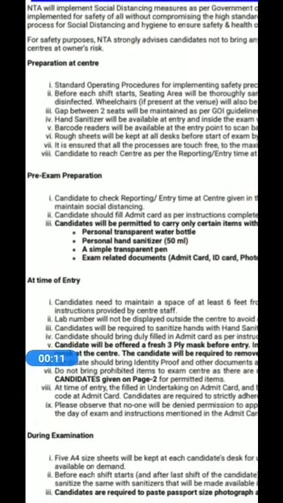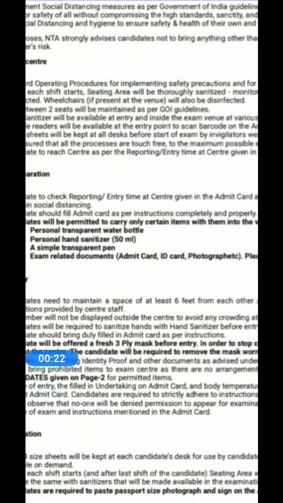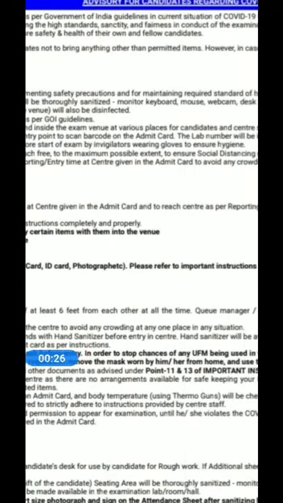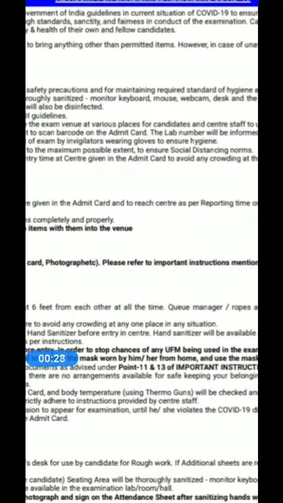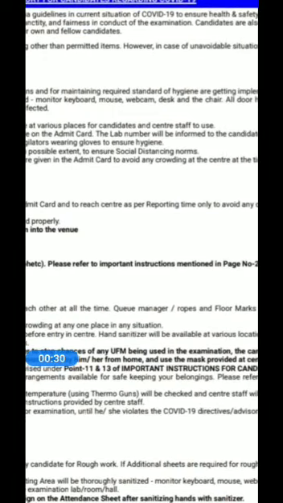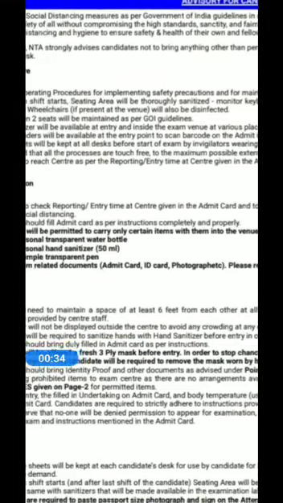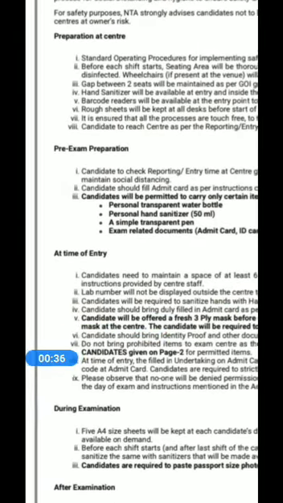So pay attention, guys. Personal transparent water bottle, personal hand sanitizer, a simple transparent pen, exam related documents, that is admit card, ID card, photograph, etc. Then they mentioned please refer to important instructions, as I told you, on page number 2 they have mentioned it as well.